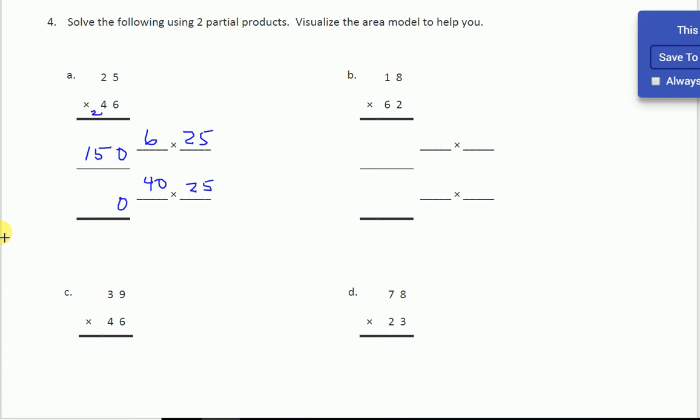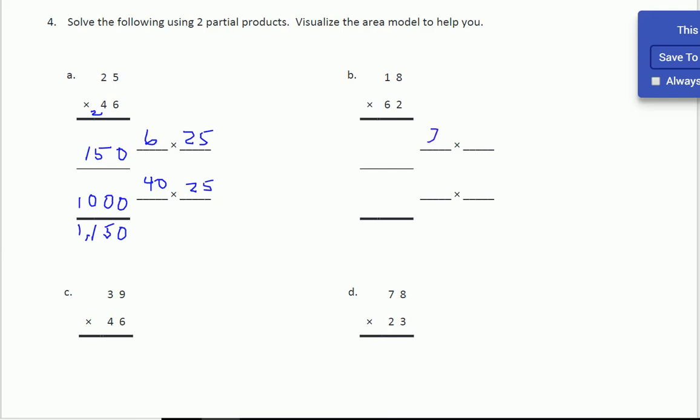And we have to remember to put down a 0 first, 20. Then 4 times 2 is 8, and 2 is 10. So it ends up being 1,000. Make sure all these digits line up. 0, 5, 1, 1, 1,000. 1,150.